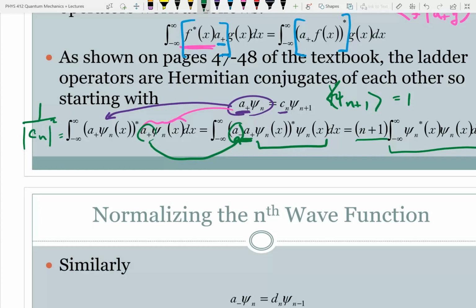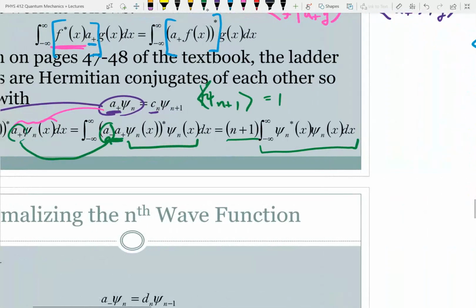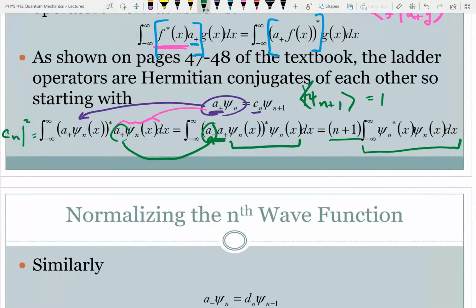Right, it's normalized. And so if psi n plus 1 is equal to this stuff over Cn, then this stuff mod squared should be 1 over, no, that's equal to Cn mod squared. And so that's going to give me my normalization constant. I have Cn mod squared is n plus 1.